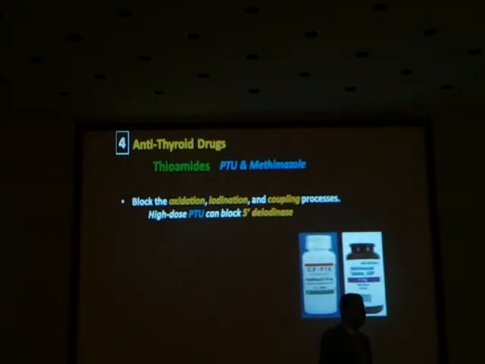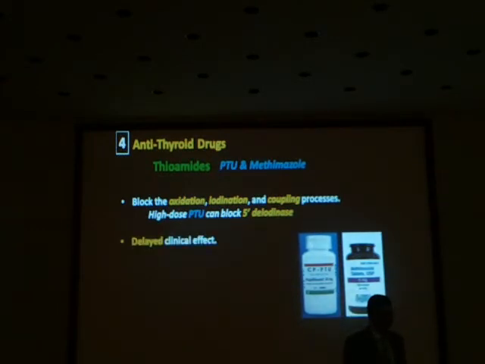There is enough thyroglobulin, there is enough iodine from the previous state, and there is enough T4 and T3 production. So that's why, to get a desired clinical effect, it might take some time, okay, until the thyroglobulin stores are depleted. So there's a delayed clinical effect.